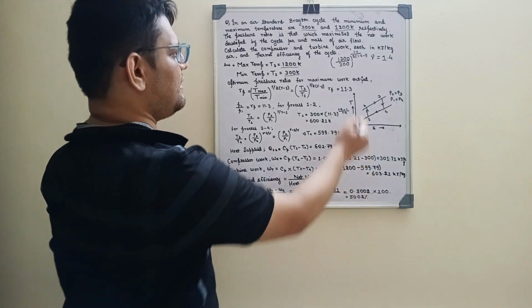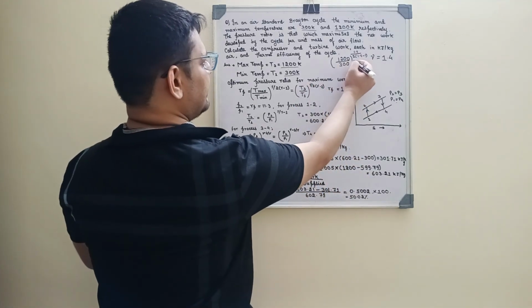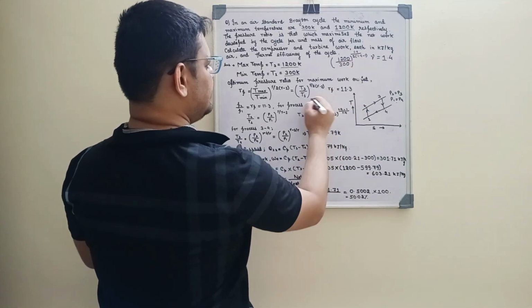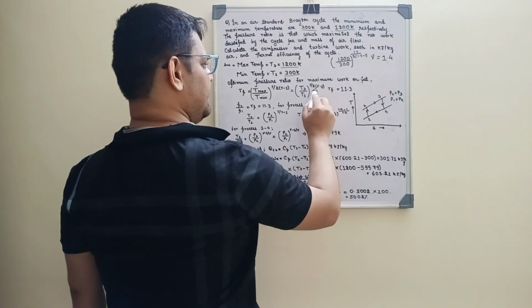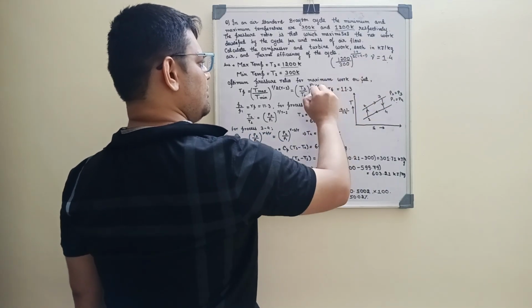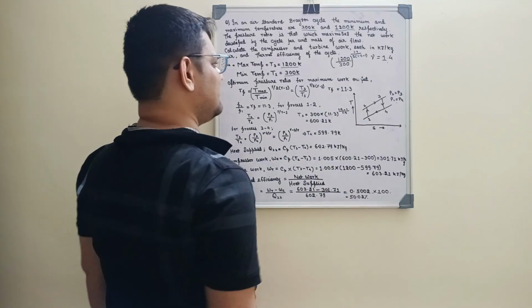I hope you have understood. We have taken T3 as 1200, T1 as 300, and gamma as 1.4. This will take the value 1.4 divided by 2 into (1.4 minus 1).